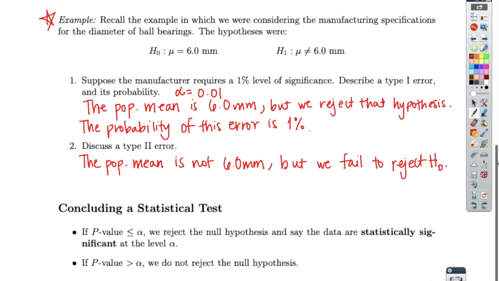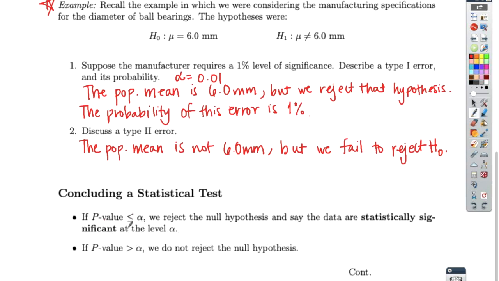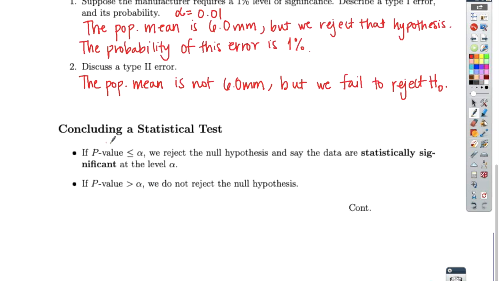To conclude a statistical test, as I mentioned on the Lola example briefly, if the p-value, the probability that you find, is less than or equal to alpha, then we reject the null hypothesis and say that the data are statistically significant at the level alpha. To draw the number line again, whatever they give you for alpha, it could be 1%, 5%, 25%, whatever.